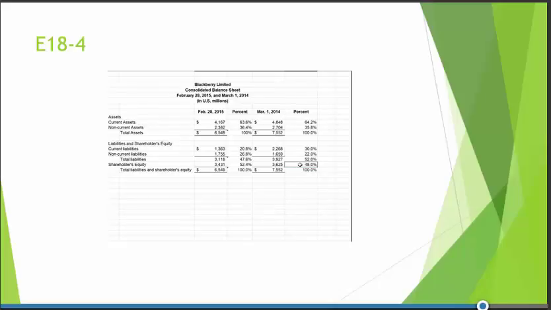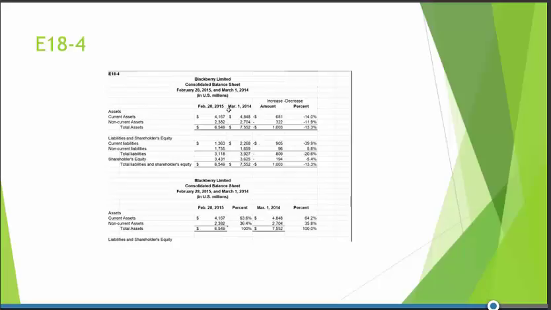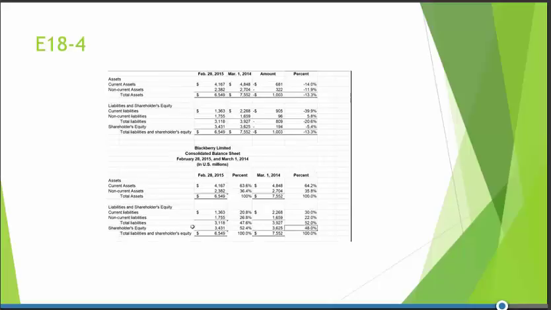And then that's our major difference, in our liabilities and equity. It looks like our assets stayed relatively the same. If we look back to our horizontal analysis, we saw the biggest change was that current liabilities went down. And that makes sense in our vertical, as we saw our liabilities as a percentage went down this year, as did our current liabilities.